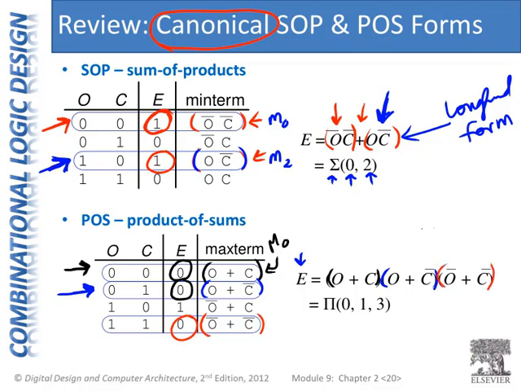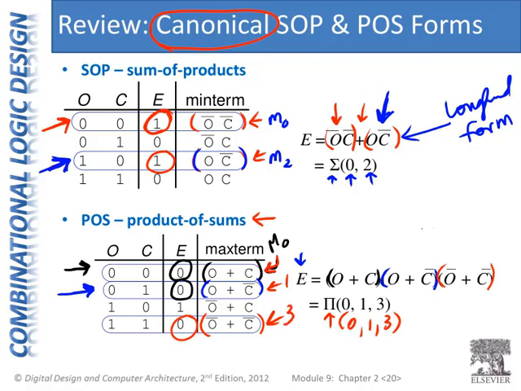And in this AND relationship, we'll get 0 and something. Turns out those are both 1, but 0 and something will force our output E to 0. So again, in canonical product of sums form, we're forcing the output to 0. We can also write this in shorthand form, the product of max terms 0, 1, and 3: max term 0, max term 1, and max term 3.